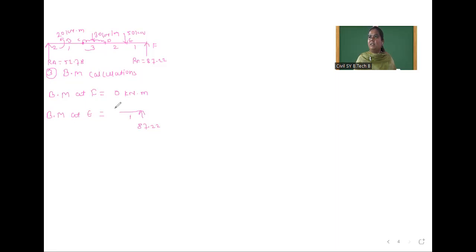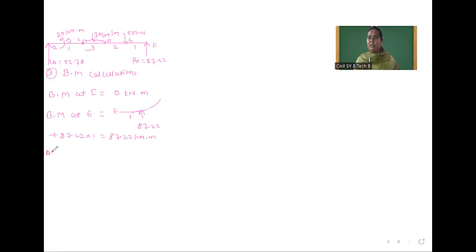This is our E point. So this pushes upward. That means sagging type of nature will be there. So plus 87.22 into 1, which is equal to 87.22 kilonewton meter.